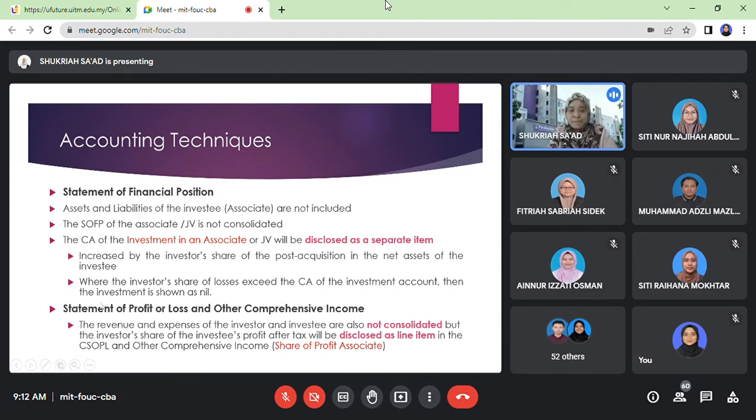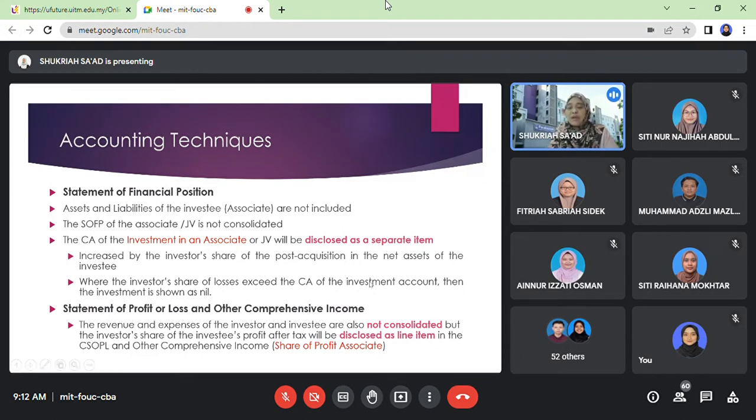Where the investor's share of losses exceeds the carrying amount of the investment account, then the investment is shown as nil. This one I will highlight again when we come to the question, when we are doing the exercise later on.